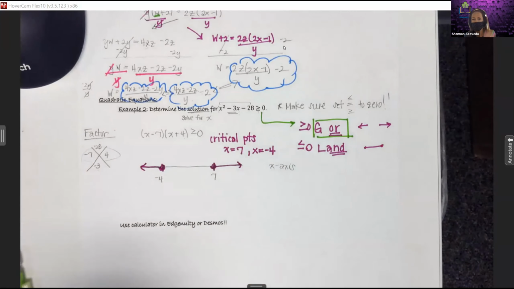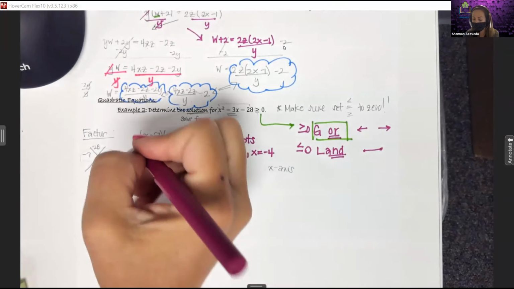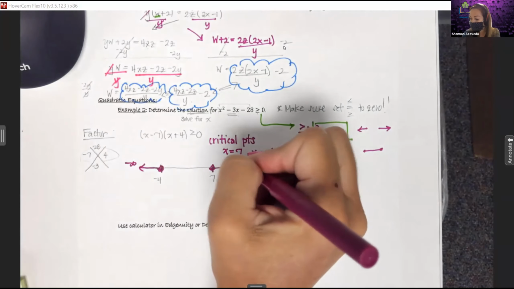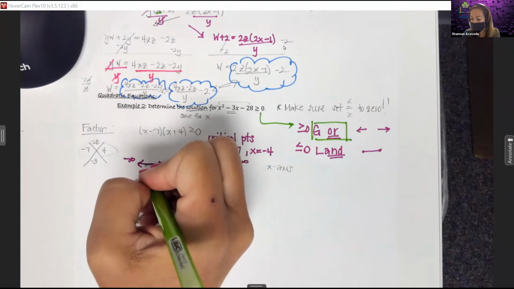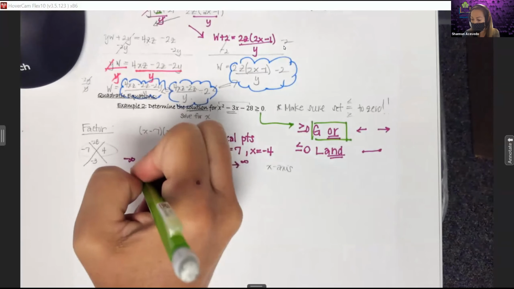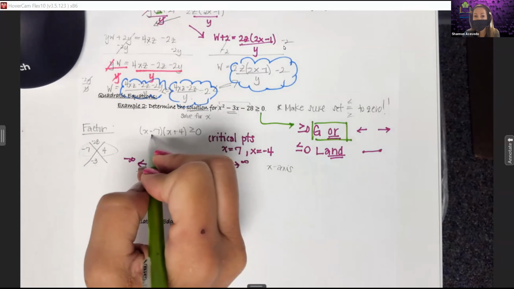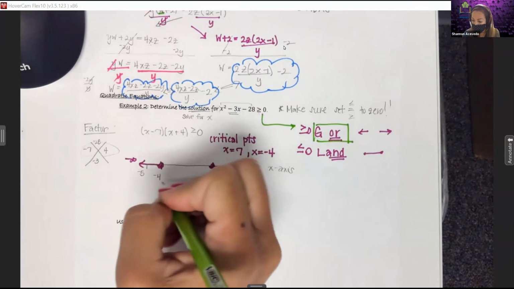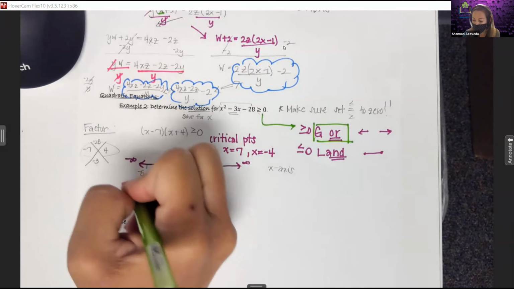But I want to verify that. How do I know that's actually true, besides the fact that I said if you have it written like this, it's going to be the case? So let's look at how I know. What if I pick a point to the left of negative 4, such as negative 5, and I plug it in here? Negative 5 minus 7 gives me negative 12.